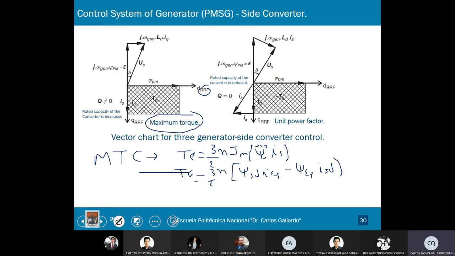But we have the last equation to compute electromagnetic torque as a function of the direct axis inductance and the quadrature axis inductance.